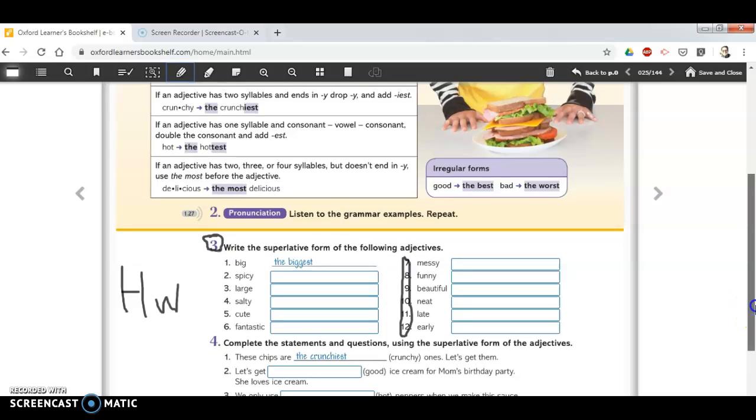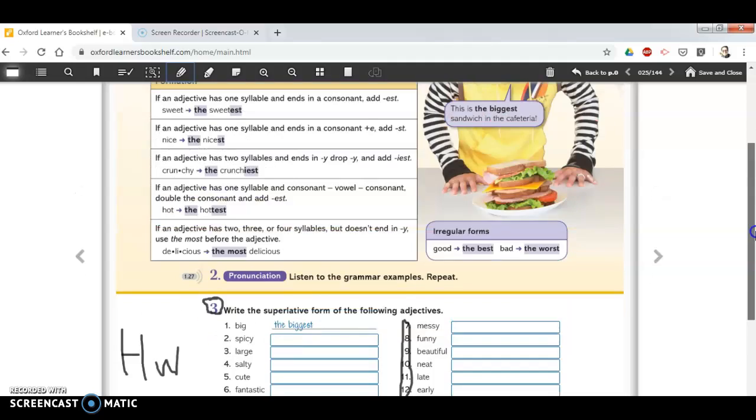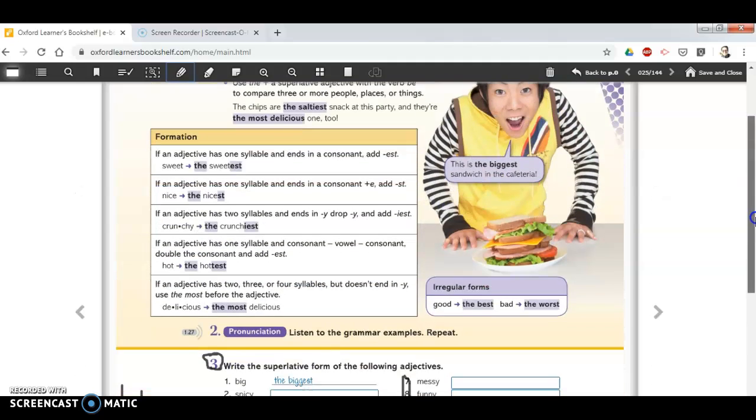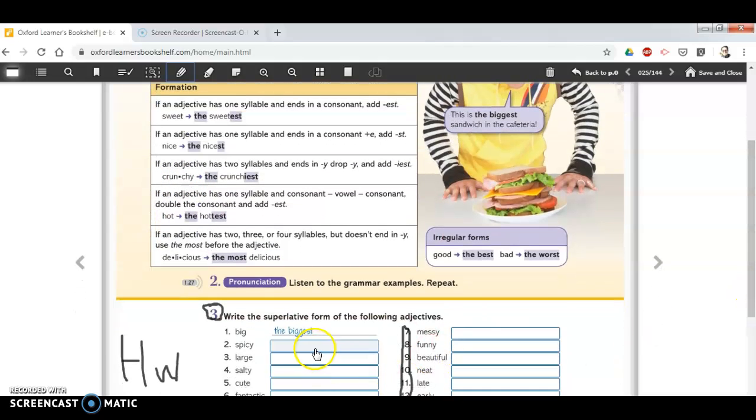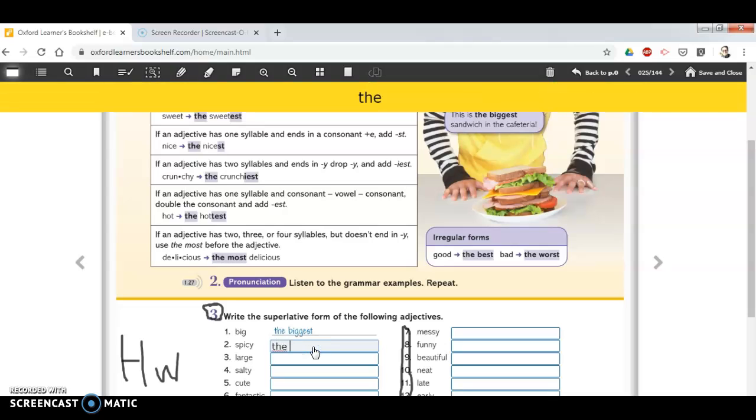Okay, what is the superlative of spicy? Let's see the rule for spicy. The rule for spicy, it's telling me, okay, spicy is like crunchy. We have a letter Y at the end and we have 2 syllables. So for crunchy, for spicy, we're going to say the spiciest, el más picante.